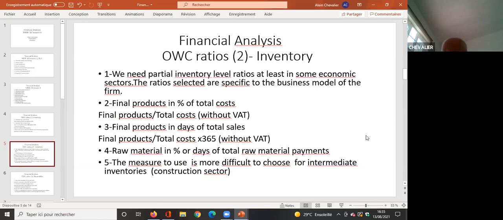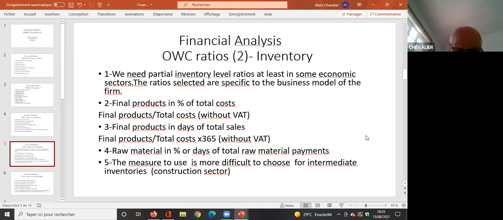And you find these 2 data, at least in the US presentation, in the income statement. You can make the calculation in days, you can make the calculation in percentage, and both are acceptable. Simply, you use different references.